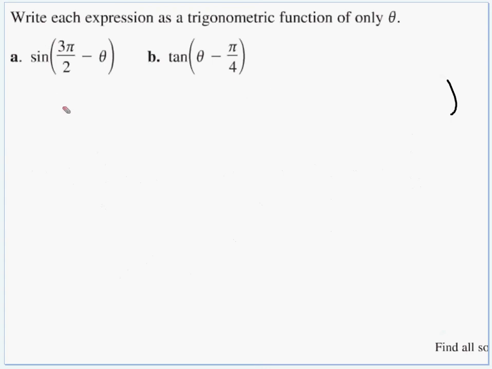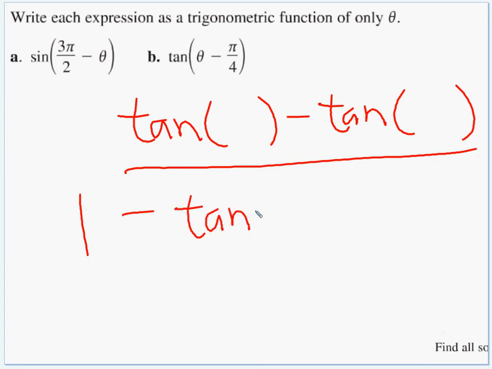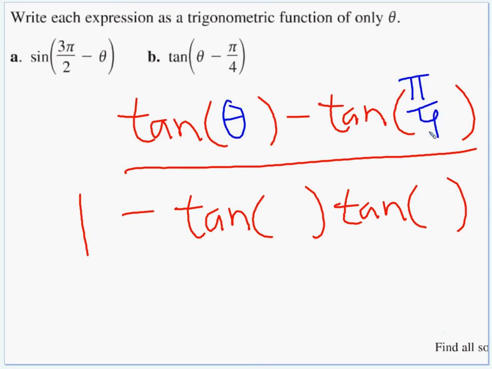All right, on that next one, we got tan of a difference. So the numerator will be tan of the first minus tan of the second. Below that will be 1 minus their product, tan times tan. And first in goes the theta and then pi over 4, and downstairs the theta and pi over 4. So tan of pi over 4, well, that's just 1.